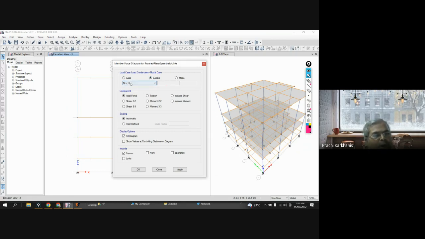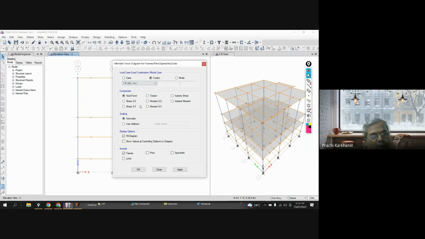Right now you have defined only dead load and 1.5 dead load plus 1.5 live load. So that is available. Let's select the load case as 1.5 dead load plus 1.5 live load.